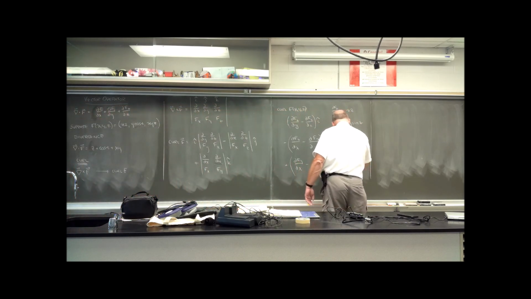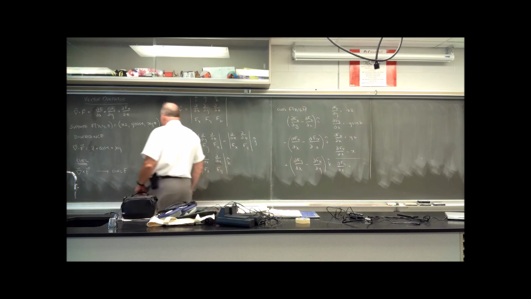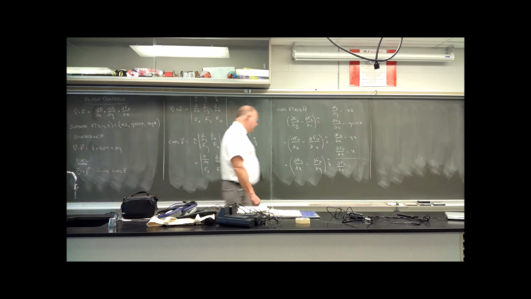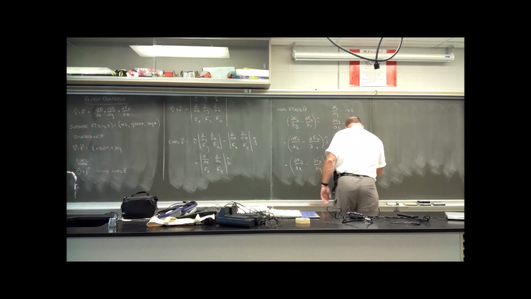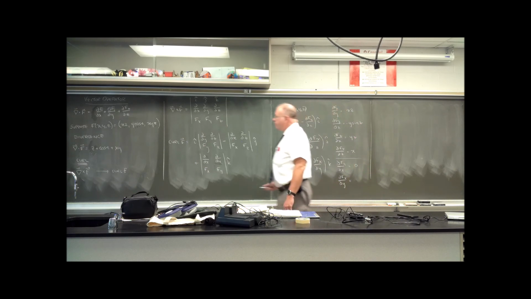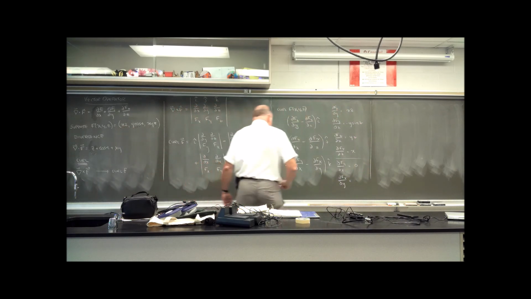And then the last two: ∂Fy/∂x, and notice here that there's no x here, so the derivative is 0. The exact same thing is true here. There is no y here, so we'll also have a 0 here.